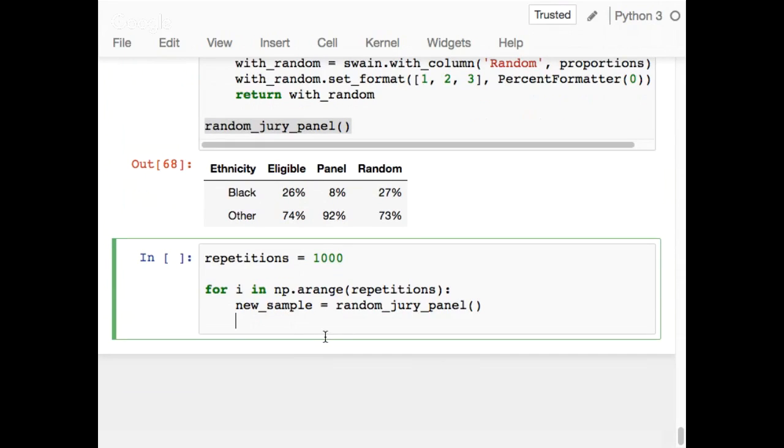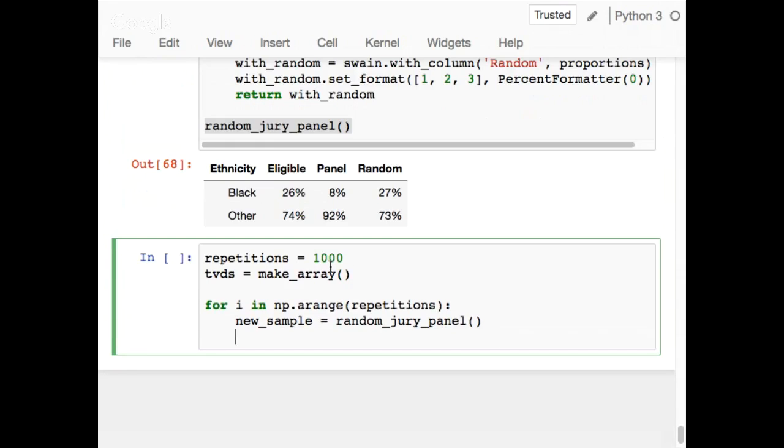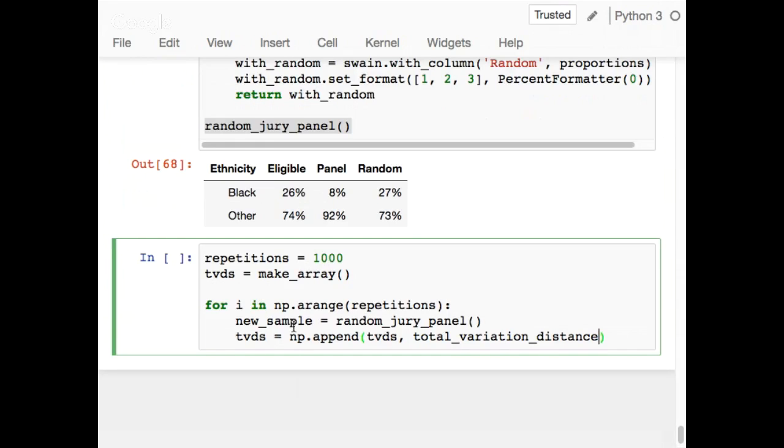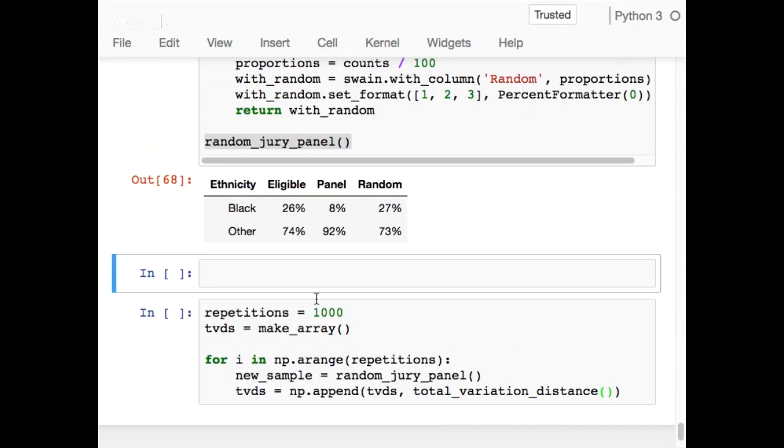Okay, so I'm going to keep track of my TVDs in an array, and I want to add that TVD to my array. np.append TVDs with my total variation distance. I don't remember exactly how total variation distance worked.